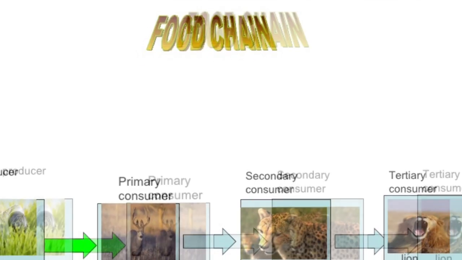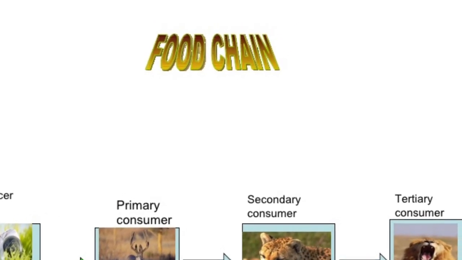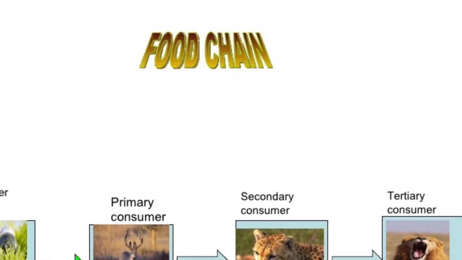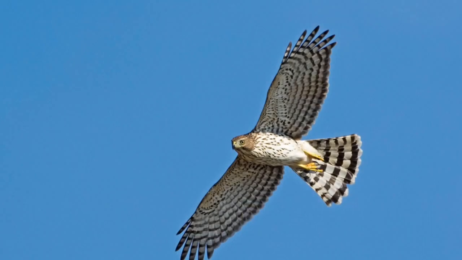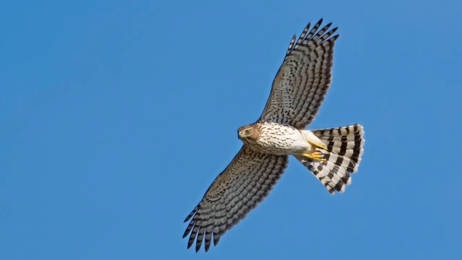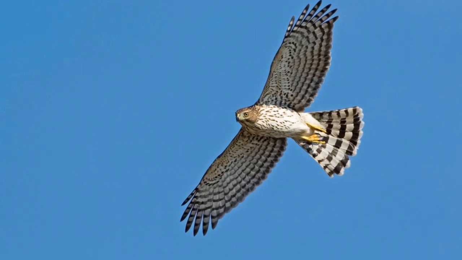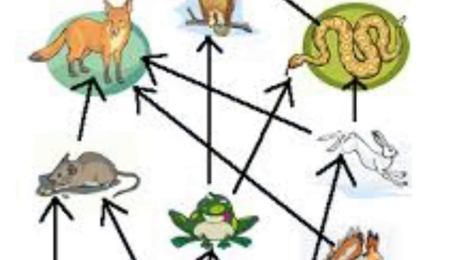You see that energy is being passed in the food chain from the producer to the primary consumer to the secondary consumer to the tertiary consumer. And then also, if the quaternary consumer was present, then it would be passed on to something like a hawk, a polar bear, or a bald eagle.